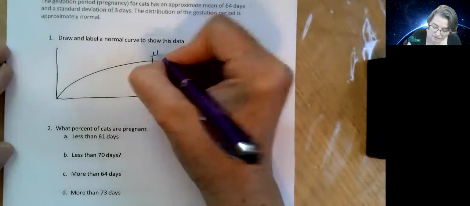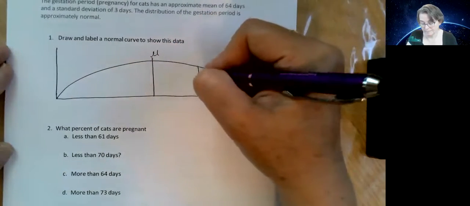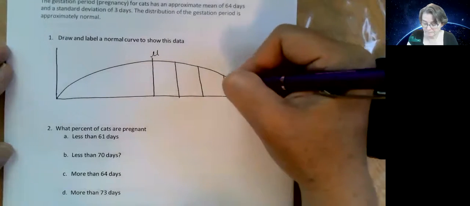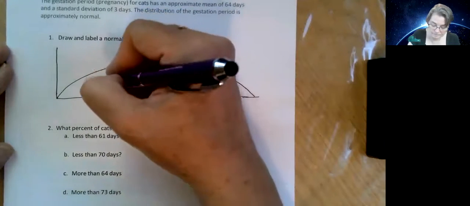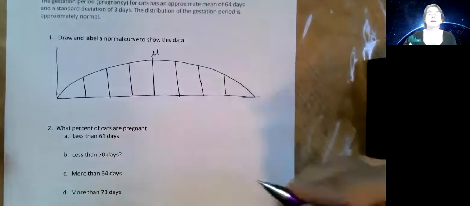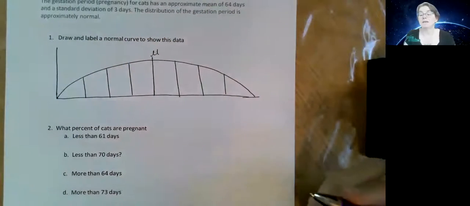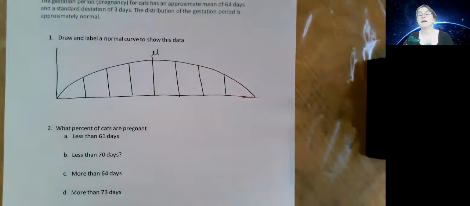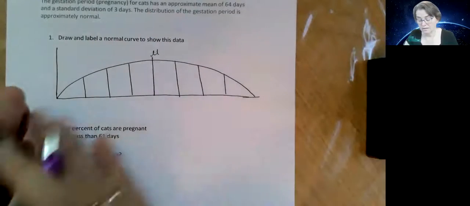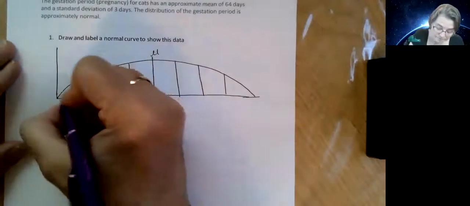So there's my middle. Now, I'm the one that divides it in half and then half again. That makes me happy. If you have another way and you can just draw it and they all come out the same, that's awesome.